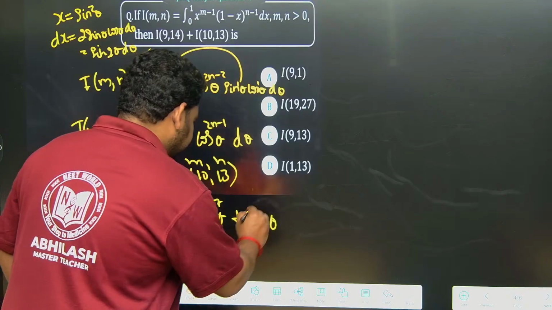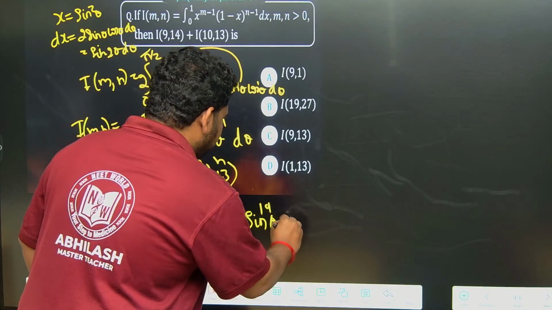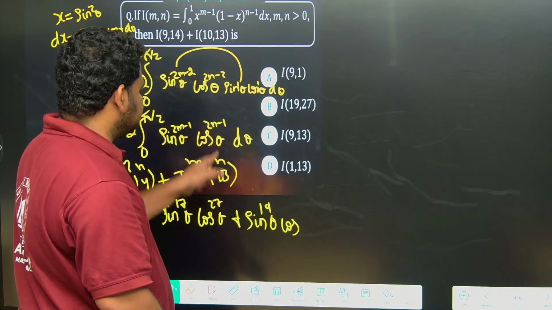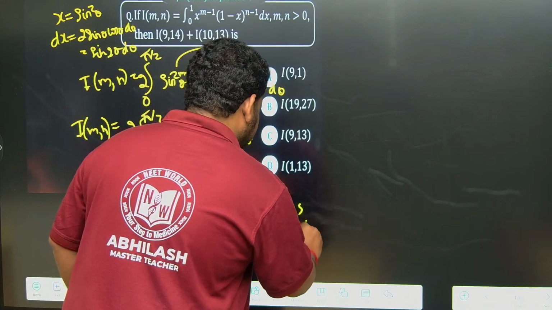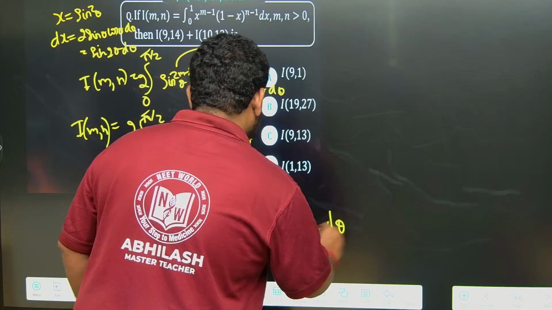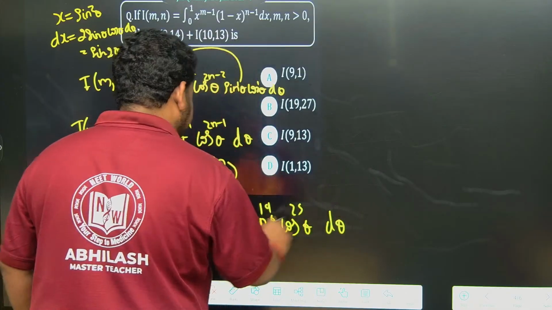Sin to the power of 19 theta into cos to the power of 2 into 13 is 26, 26 minus 1 is 25, cos to the power of 25 theta d theta. Okay, this is what we have for this one on adding this.